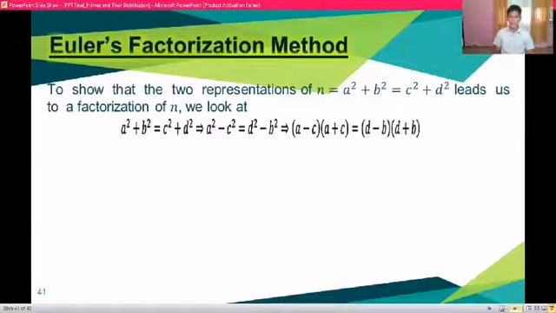This implies that a squared minus c squared is equal to d squared minus b squared. And also this implies that quantity a minus c times quantity a plus c is equal to the quantity d minus b multiplied by quantity d plus b.